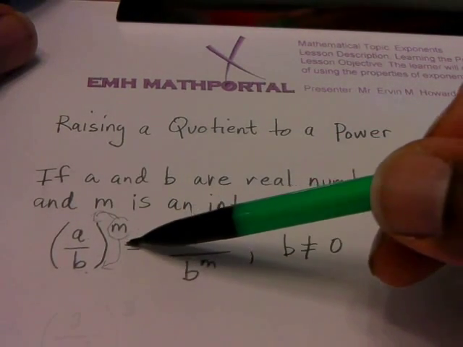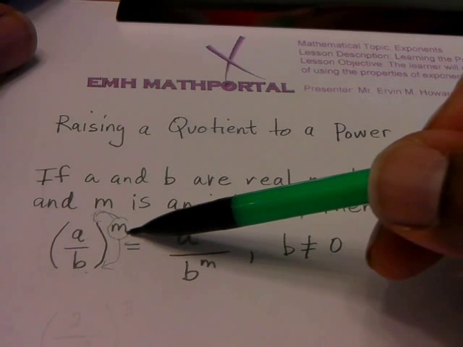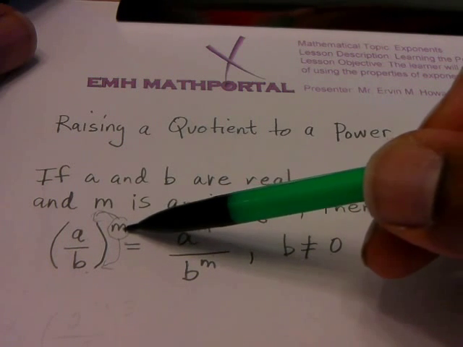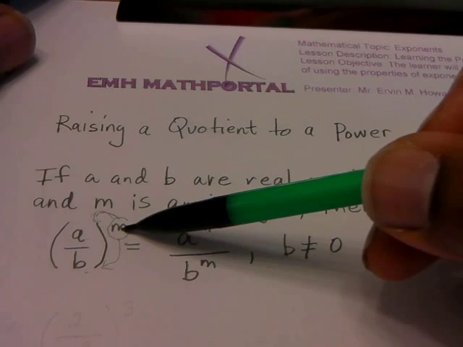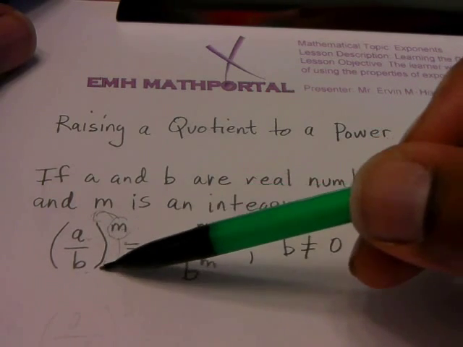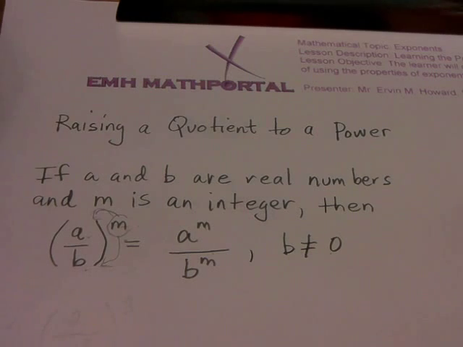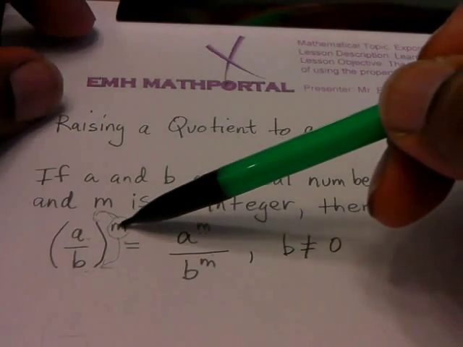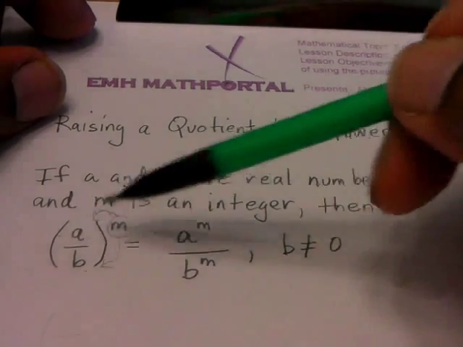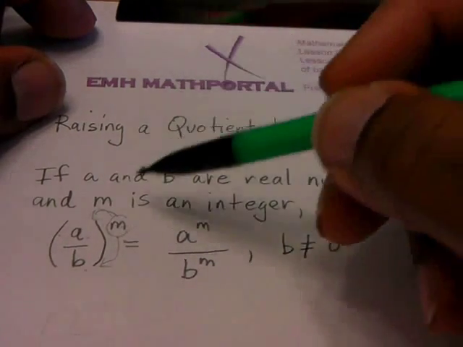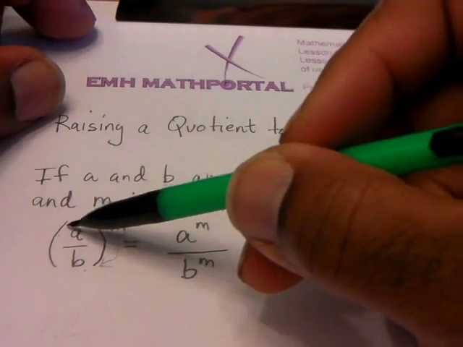As you raise a power of a quotient, you are distributing the exponent to the numerator and the denominator, and it depends upon how many bases you have in your numerator and denominator. You'll distribute the exponent to each base in your product for your quotient.